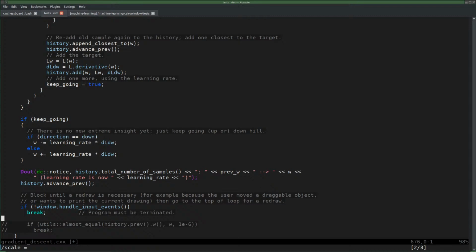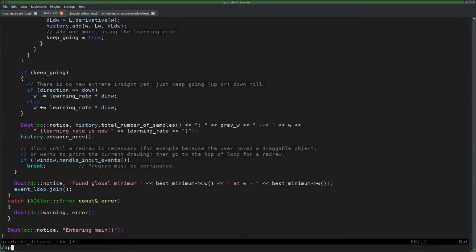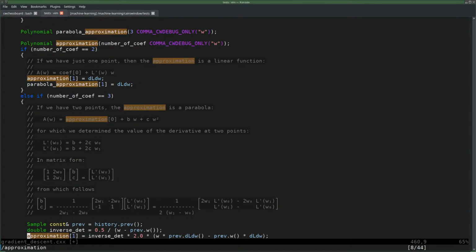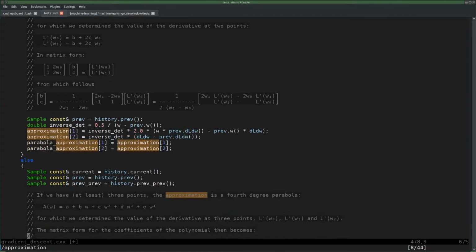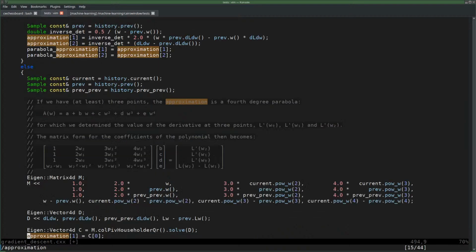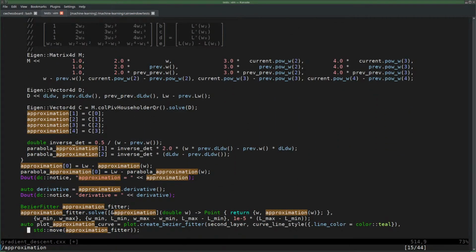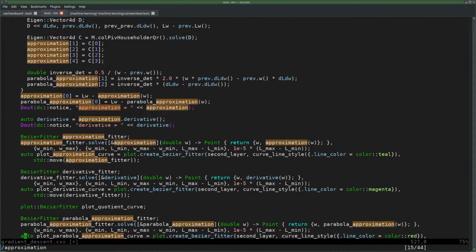And then the question is, the approximation is used for, well, to calculate the derivative. I think only to calculate the derivative, AKA here. This is just a drawing of it.